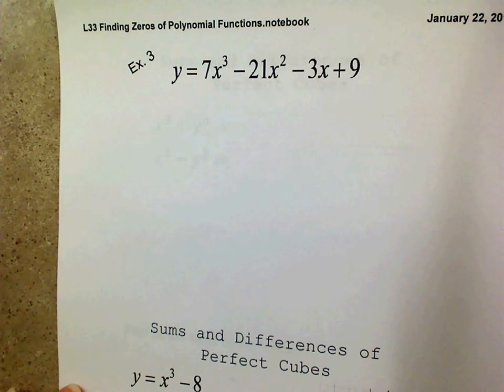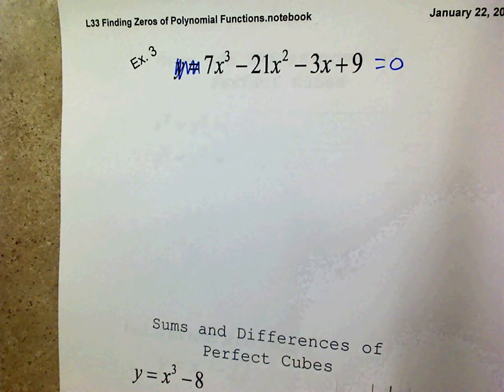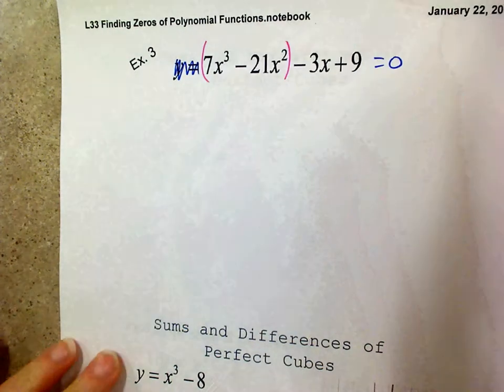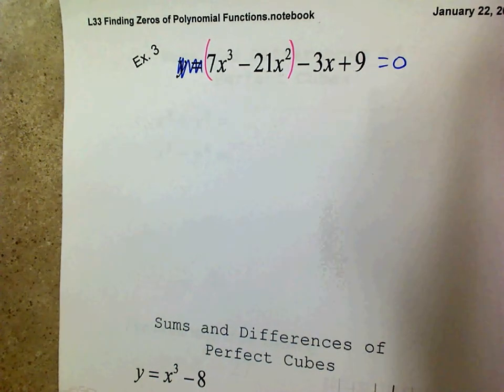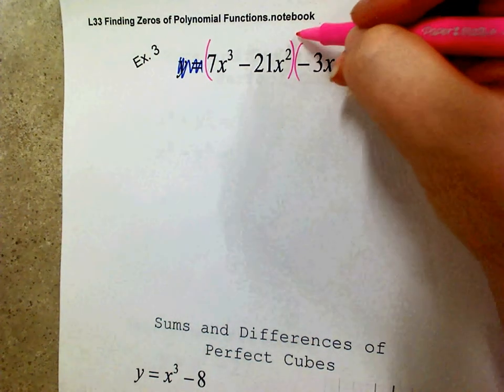I'm just going to mark that out and put equals 0. Okay, what do I start doing? Grouping. Group the first two. Where do I put the parenthesis? Before or after the negative? Before the negative. What do I put in between them? Plus sign, and then at the end.